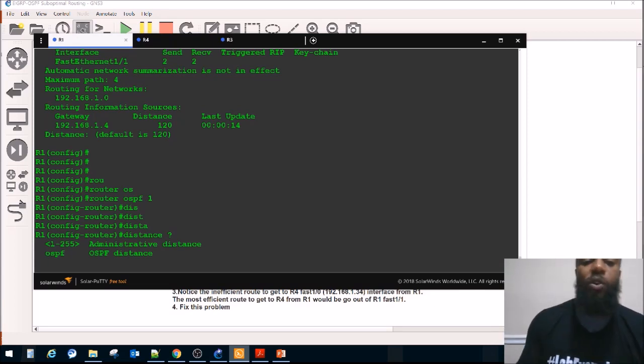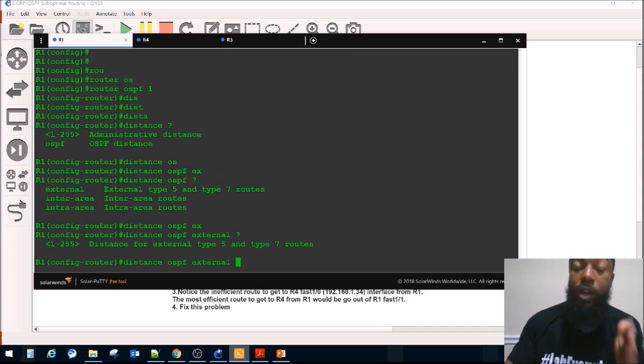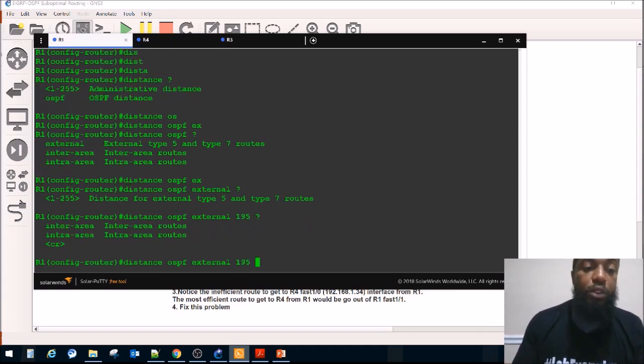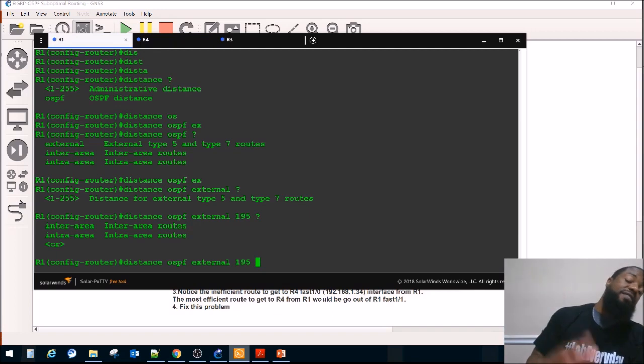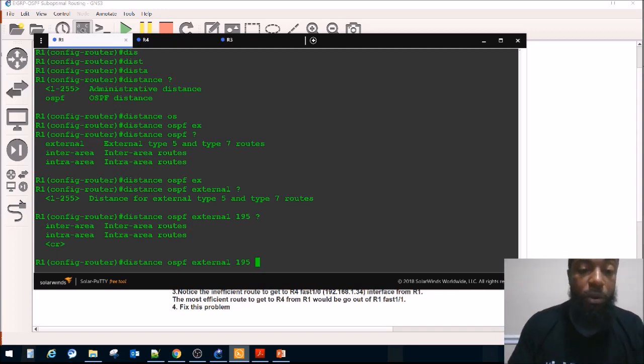That's what we're essentially doing. So instead of the 110, because we know that OSPF routes that we're learning have an AD of 110, we need to set something higher than that. Let's say 195. After that, you can change inter and intra area routes. Say that 5 times, but we're just going to leave it real simple and do that.